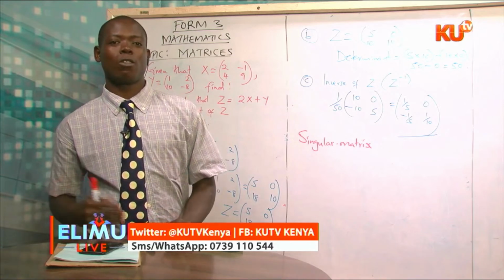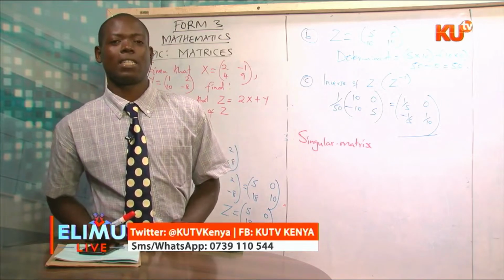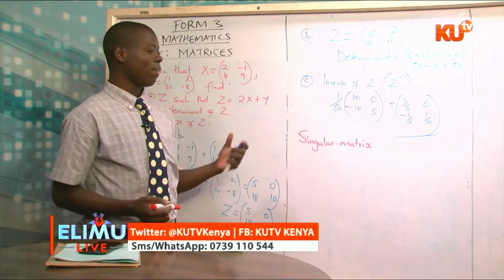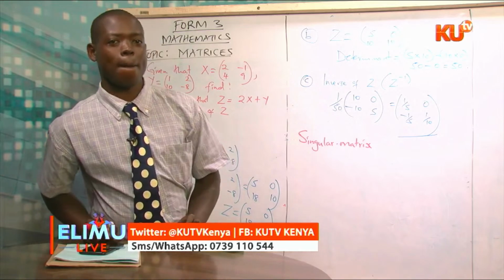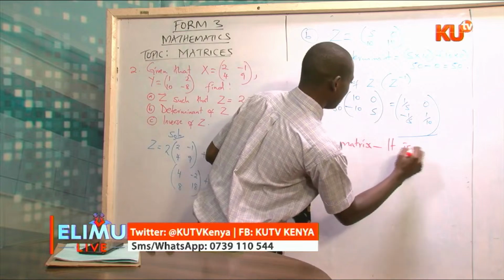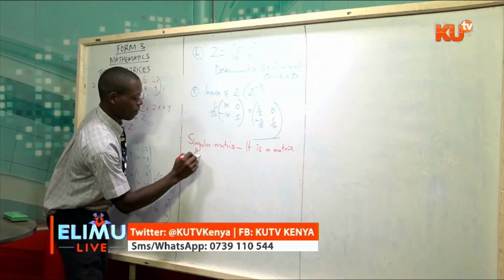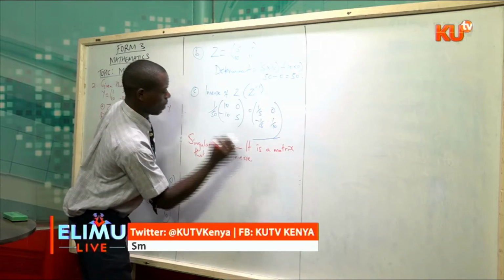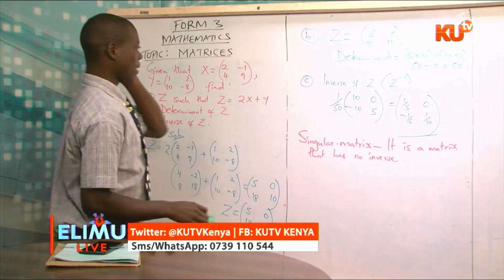After you've gone through the inverse, we add a statement that singular matrices have no inverse. So if you are told to find the value of the unknown in a matrix that has no inverse, then know that it is a singular matrix. It is a matrix that has no inverse. And remember, the determinant is 0. That is what we call a singular matrix.